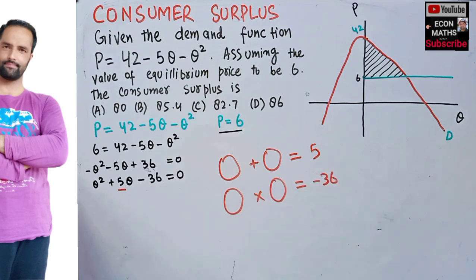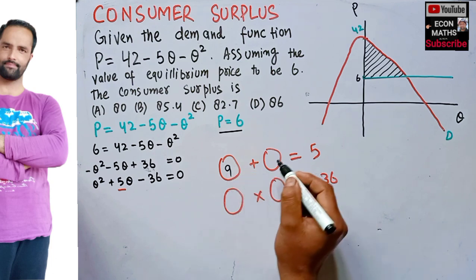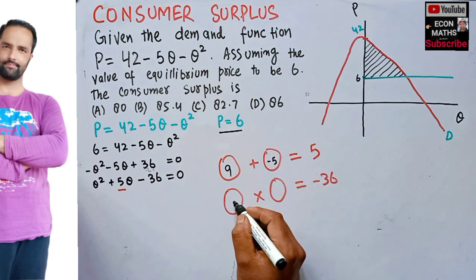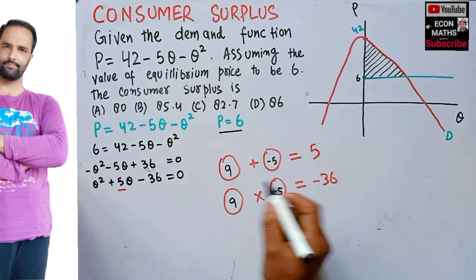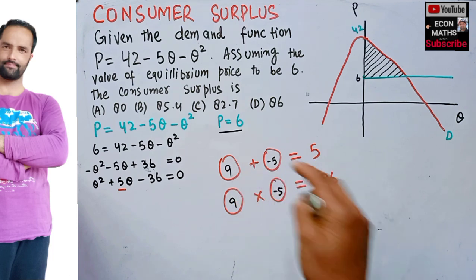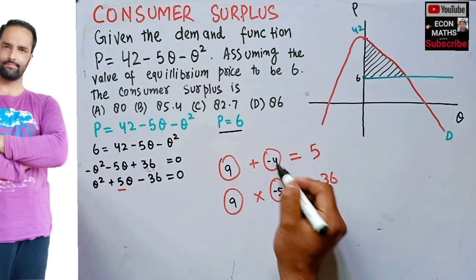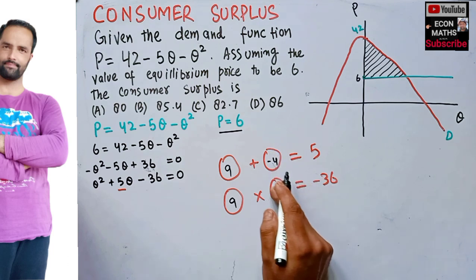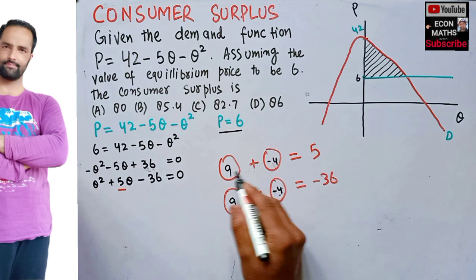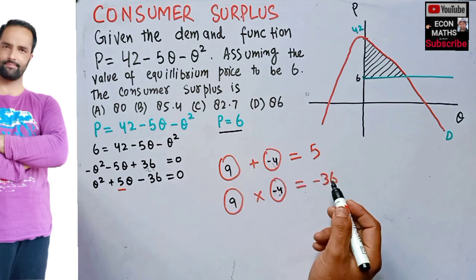And you can guess it here. It will be 9 and minus 4. So 9 minus 4 is 5, and 9 into minus 4 is minus 36.